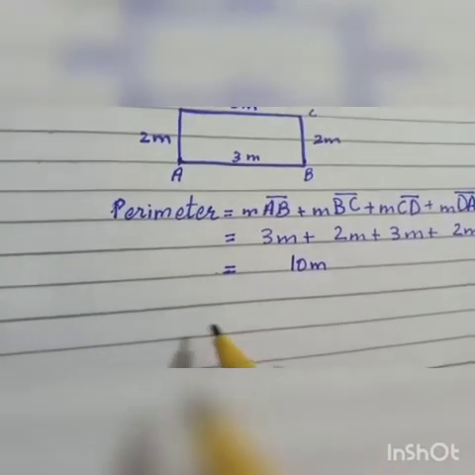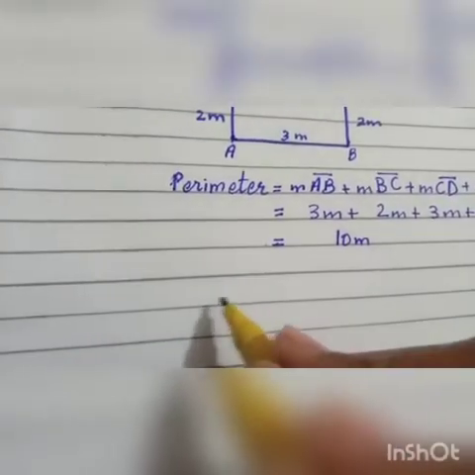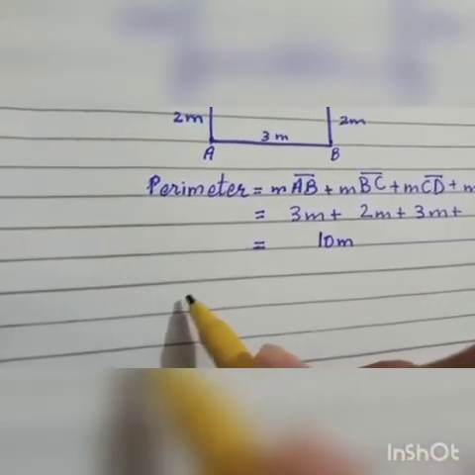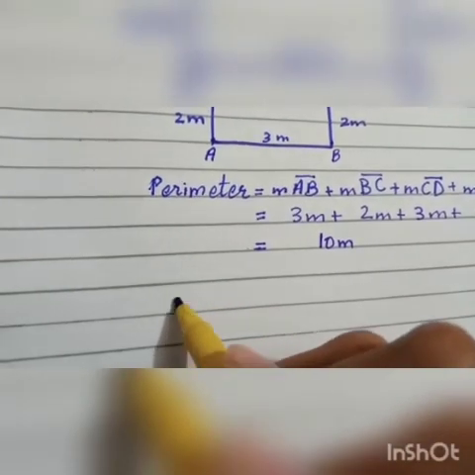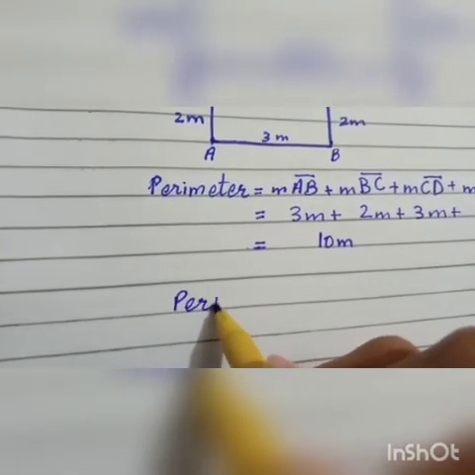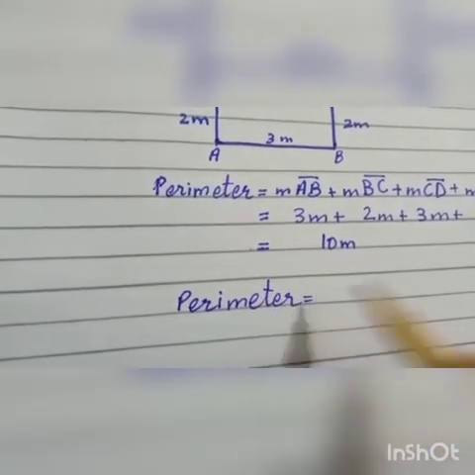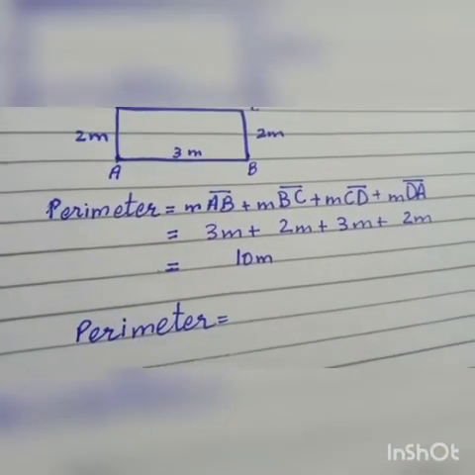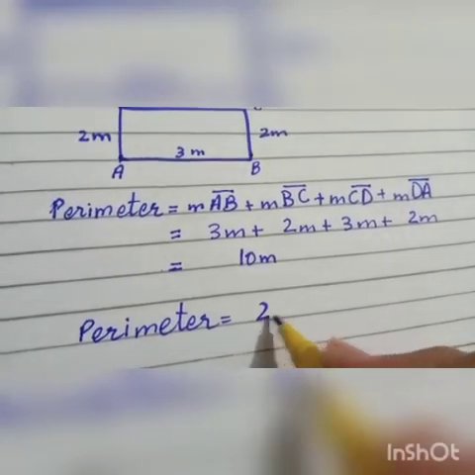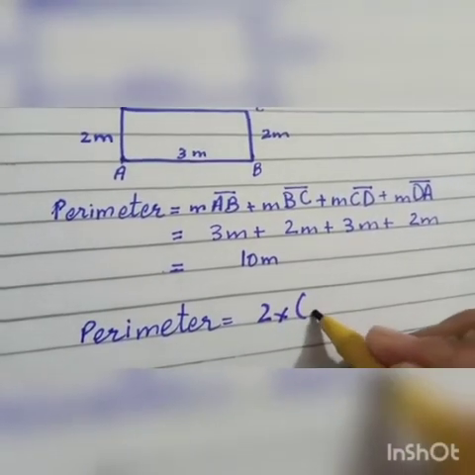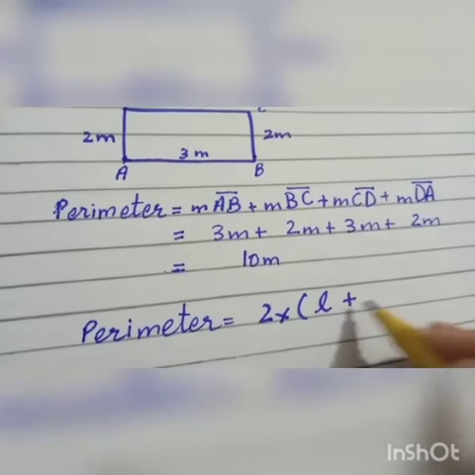This is the first method, and the second method to find the perimeter is by using a formula. To find the perimeter of a rectangle, we have a formula, that is perimeter equal to 2 into length plus breadth, 2 multiply length plus breadth.